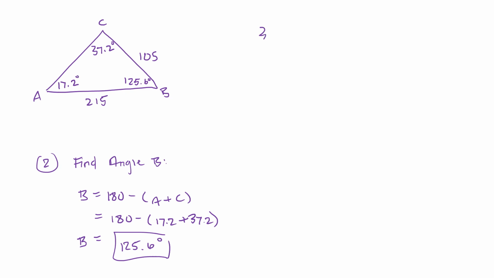All right. So then step 3 is to find side B, lowercase b. So let's use our B ratio in the law of sines. And let's use our C ratio. So the side C is 215 and the angle is 37.2. Okay, so let's cross multiply.